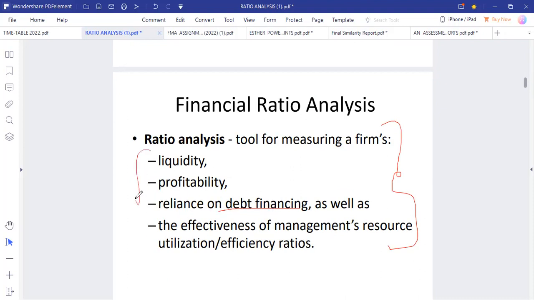All in all, these ratios will be tackling these key thematic areas: the liquidity of the firm, how are we able to meet our short-term obligations, the profitability of the firm, how are we able to generate excess sales over expenses, and how is the reliance of this particular institution on debt.